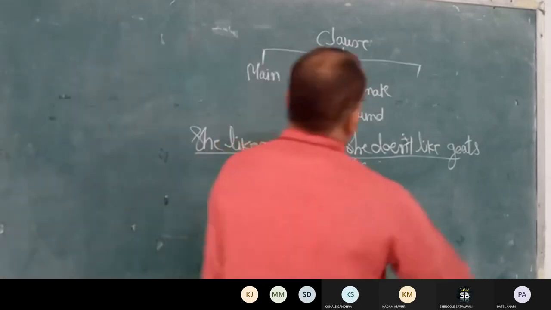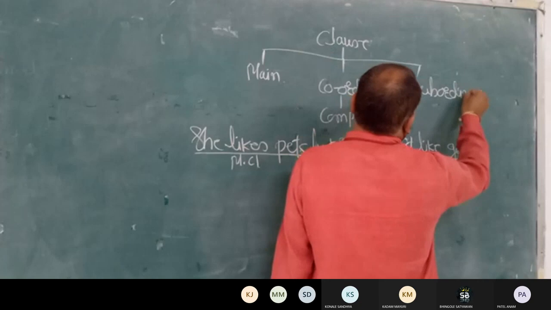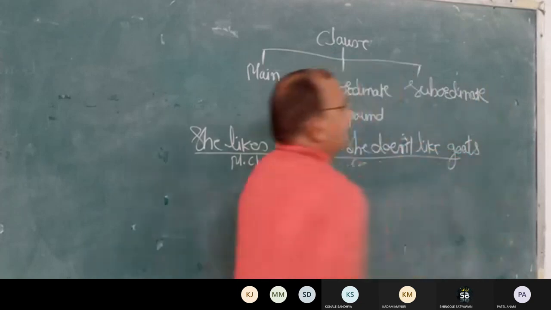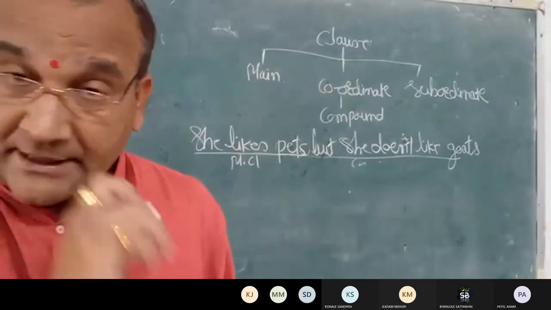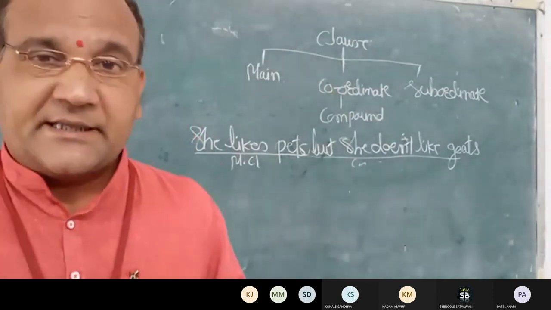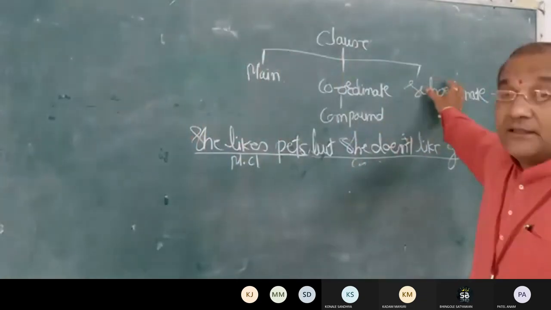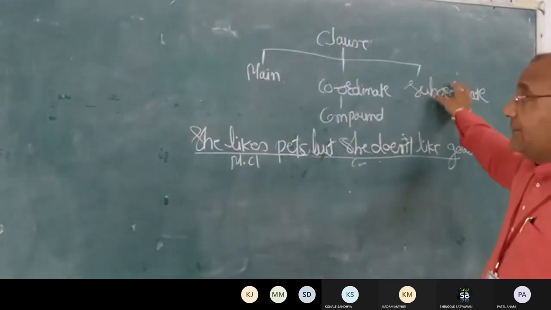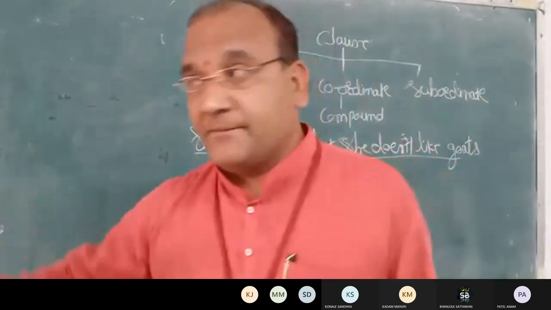Now there is something called a subordinate clause. The third type is subordinate clause. The name itself suggests that it is subordinate to someone. Subordinate clause, or we can also call it dependent clause, depends on the main clause for its existence.